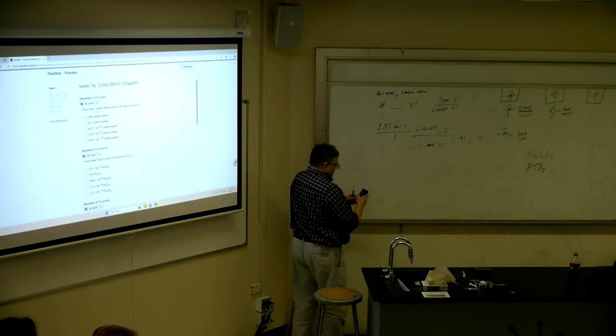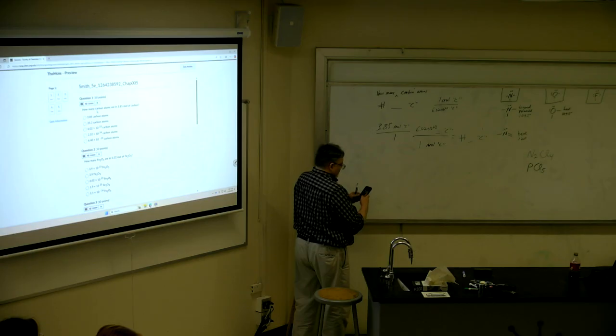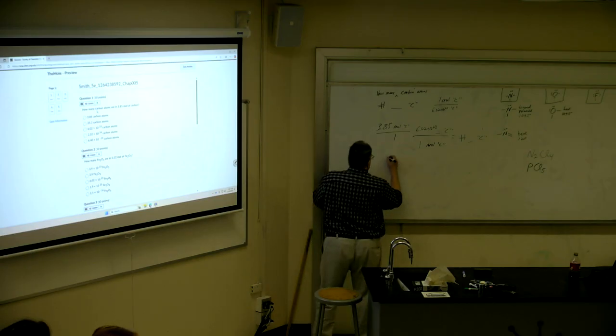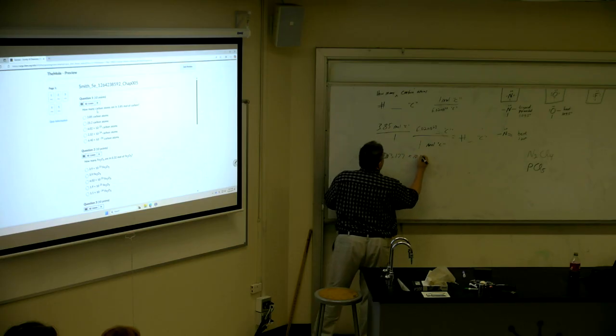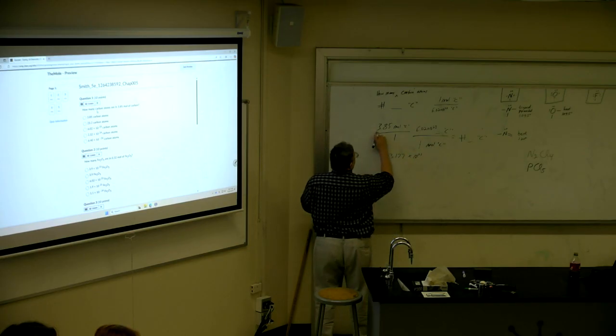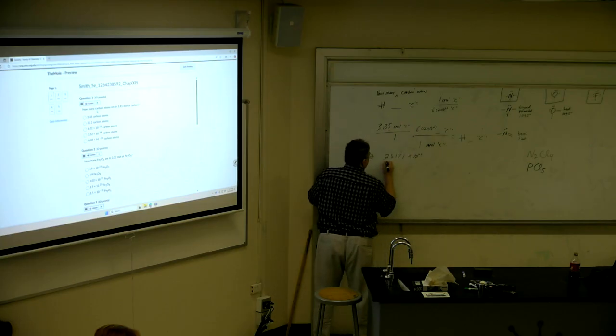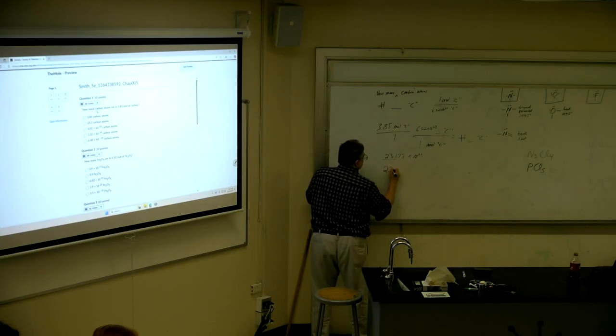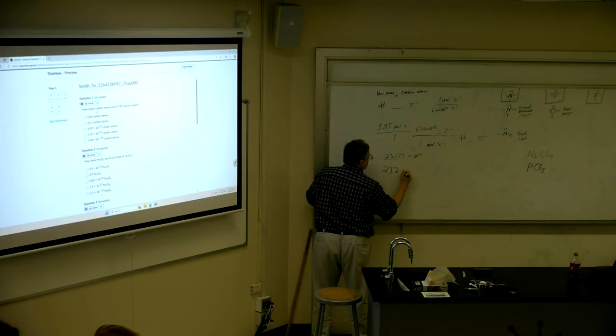When I do these, I ignore the power of 10 at first. I just take all the explicit values, 3.85 times 6.02 gives me, and now I just take the 10 to the 23 on there. Three significant figures, so I keep those three.